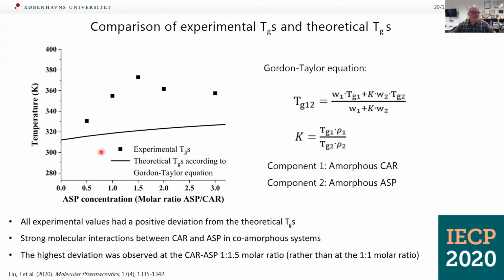If we are now making our systems and measuring the Tgs experimentally, we get a strong deviation from the theoretical Tg line, meaning that we do have strong interactions between the drug and the co-former. However, the maximum deviation from theory was again not at the 1:1 molar ratio, but at the 1:1.5 molar ratio.